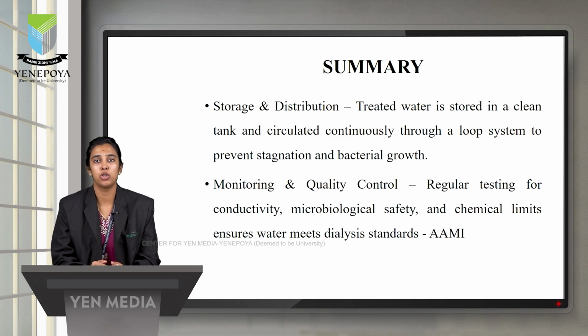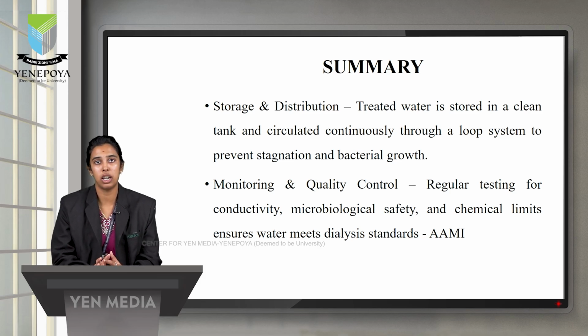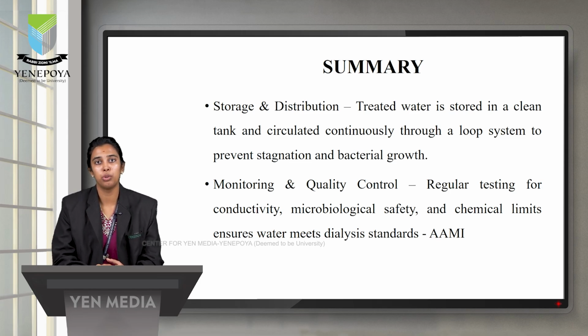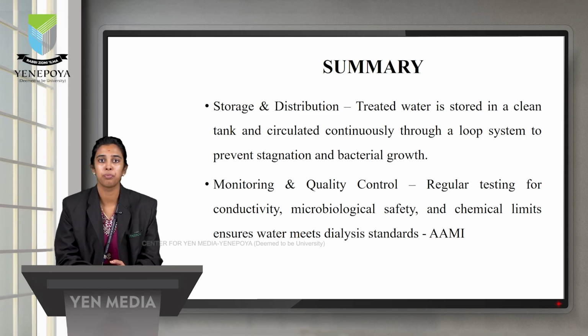At last, we monitor the quality, that is, the bacteria and endotoxin count and the ultra pure water. This fluid quality is specified by the Association for the Advancement of Medical Instrumentation or ISO. So this is the overall view of the water treatment, how exactly it is done, and what processes are involved.